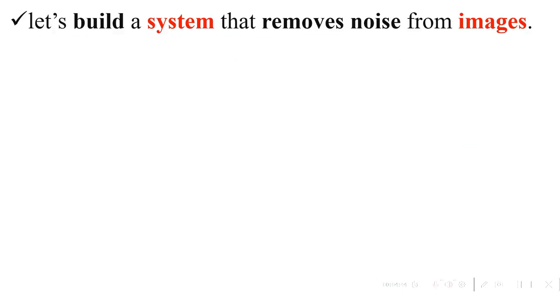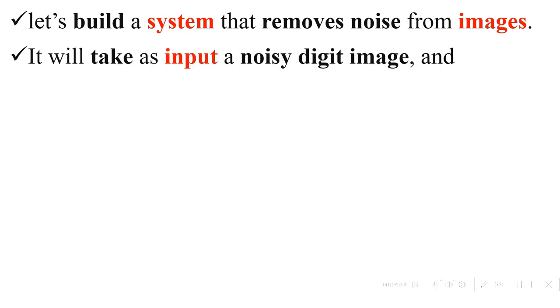Here we are going to build a system that removes the noise from images. For example, it will take as input a noisy digit image. The handwritten digit image, say a 5 or a 4, contains different noises.